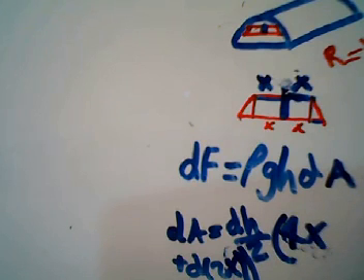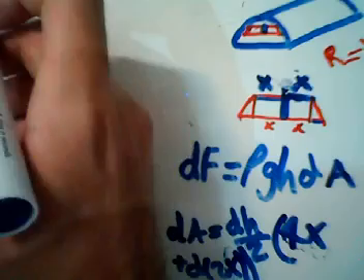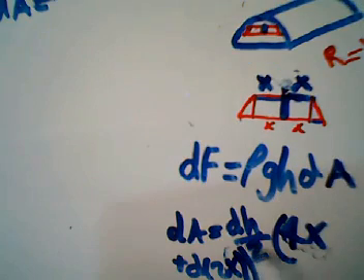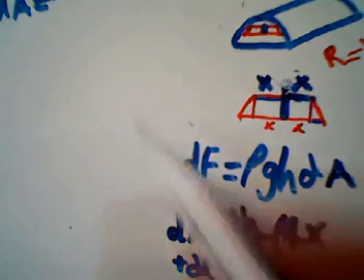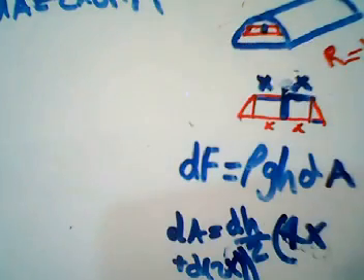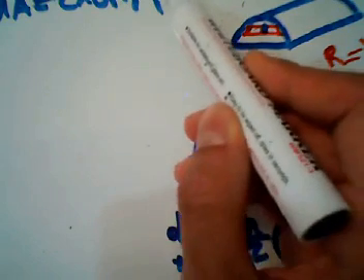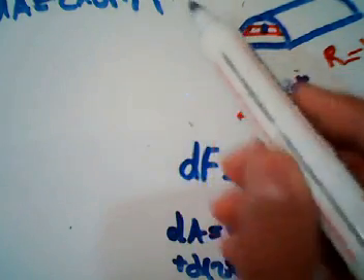Now let's multiply this into that and write it here. dA would be this times this, 2x dh, plus dh over 2 times d2x.